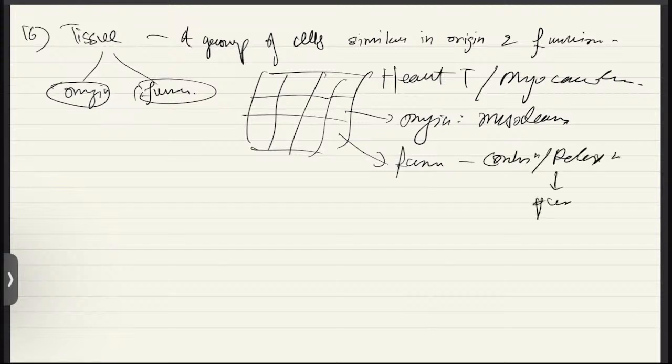Pumping of blood. That makes them a tissue, right? Group of cells, similar in origin and similar in function, form a tissue. Got it, guys?